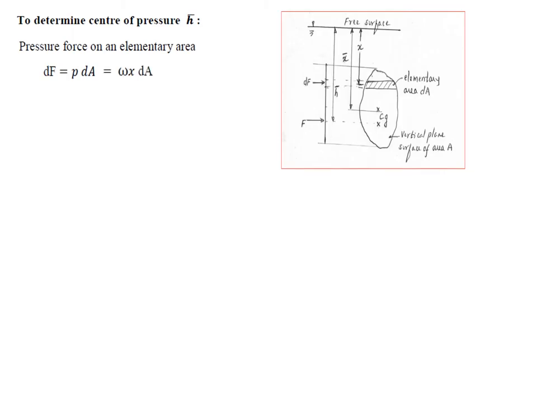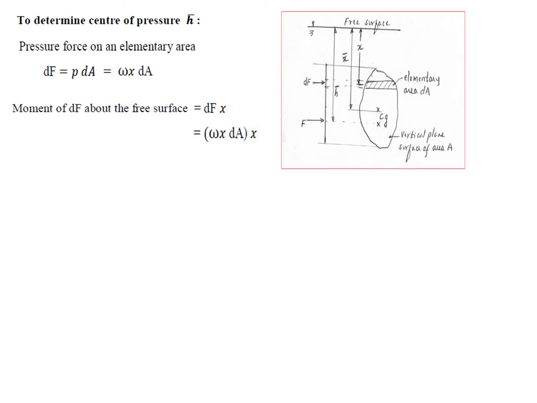Now you take the moment of this force dF about the free surface. That will be dF into x. So the moment of dF about the free surface is nothing but dF into x. What is dF? It is omega x into dA. So omega x dA multiplied by x will be the moment of dF about the free surface.